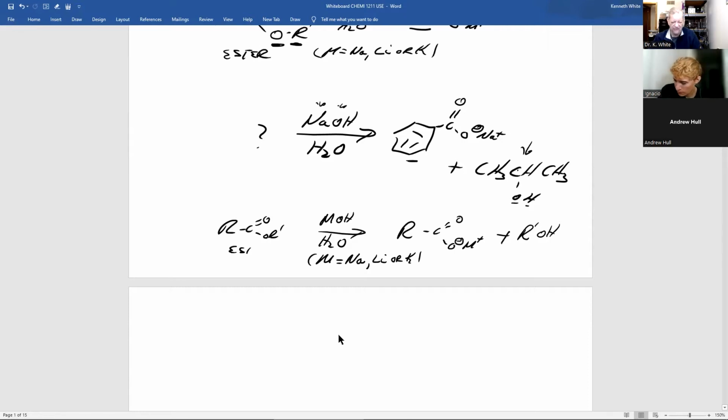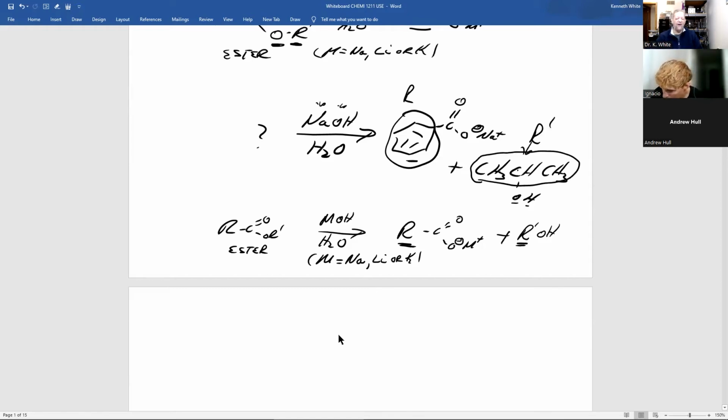An ester. And if I come back to my products, I'm going to call this benzene ring R. This, my alcohol carbons are my R prime. And now I can go and draw my ester.